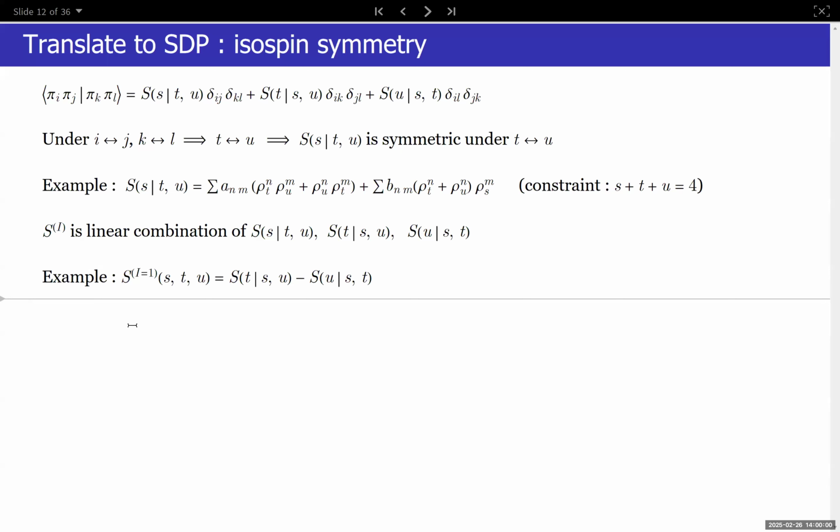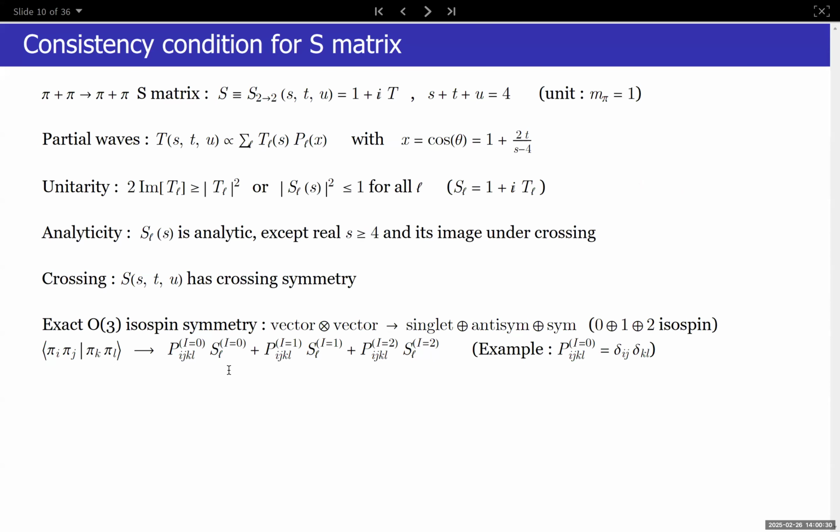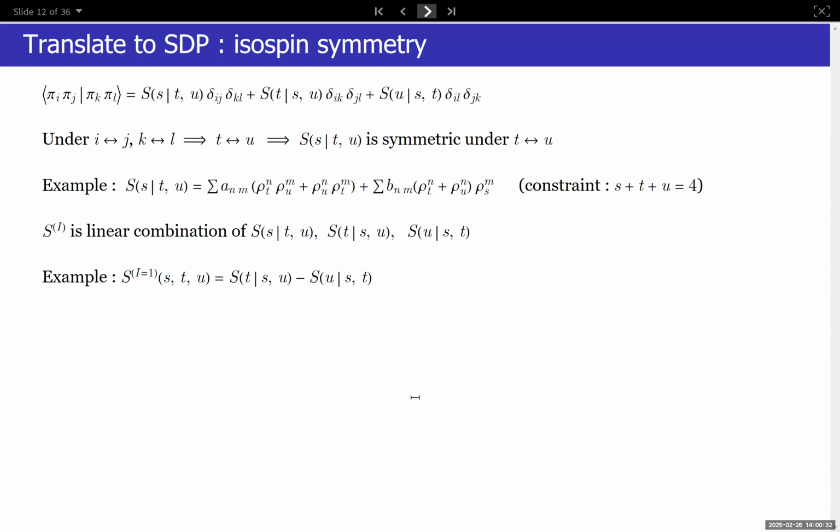So far, this is the ansatz for functions depending on S, T, and U. Those tensor structures are not the right tensor structures corresponding to different isospin. However, now we can relate those deltas to the correct isospin tensor structures.